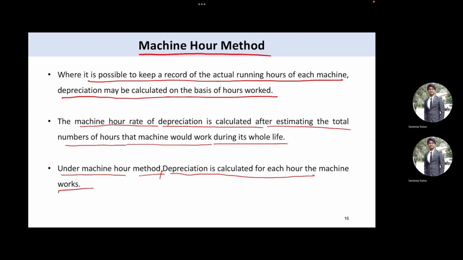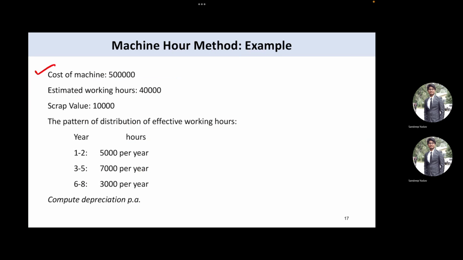Now, let's take an example for this to get some more clarity. Here you can see the cost of the machine is 5 lakh rupees, and the estimated working hours are 40,000. Scrap value is 10,000 rupees. The pattern of distribution of effective working hours is: year 1 to 2, 5,000 per year; year 3 to 5, 7,000 per year; and year 6 to 8, 3,000 per year.